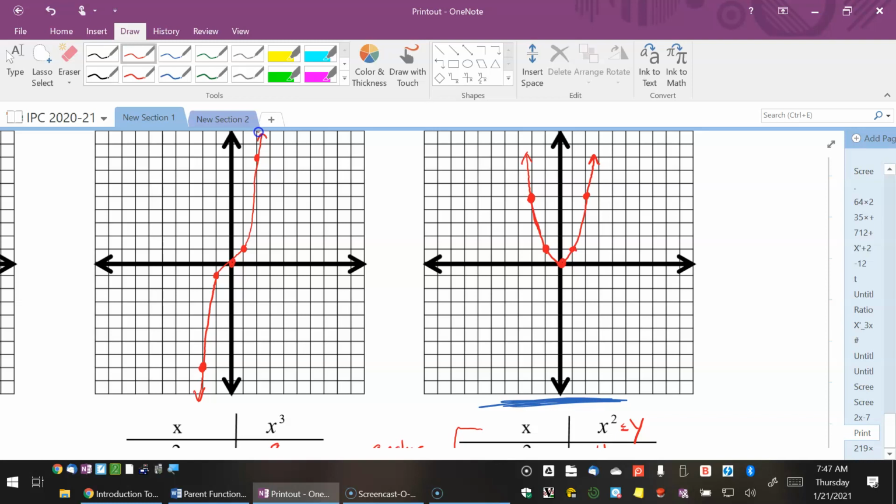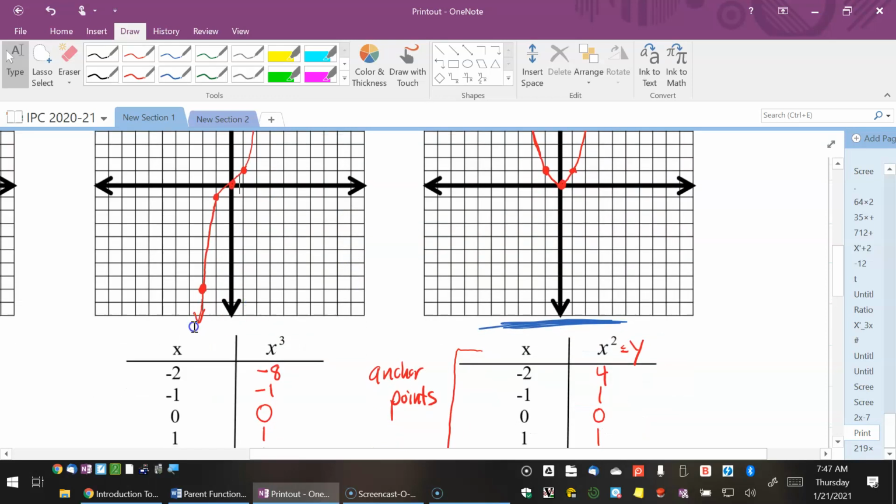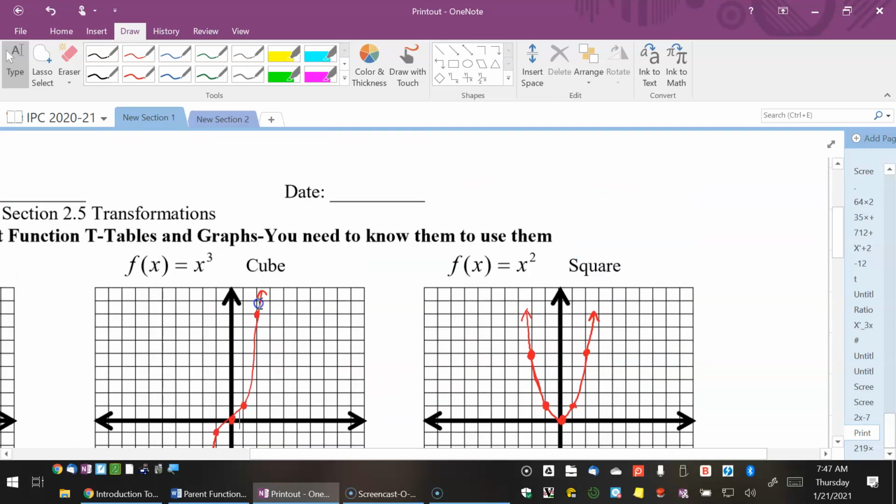What is the domain of x cubed? Brennan, what do you think? Well, these arrows point left and right forever. Well, let's look at this differently. Do you see a square root? Do you see a fraction? So it's all reals. Okay.